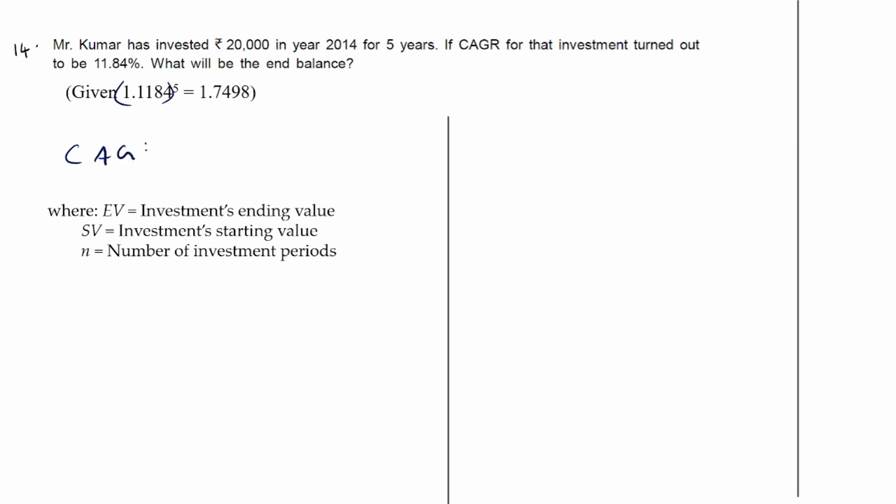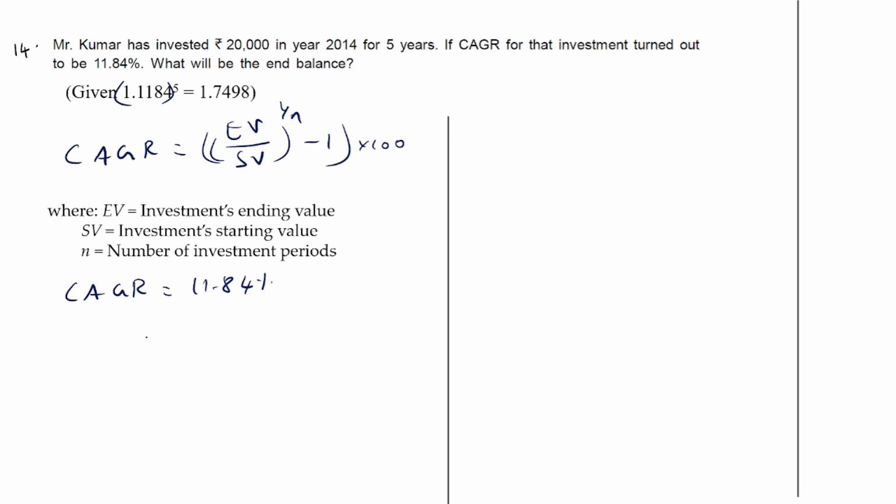We have compound annual growth rate equal to ending value upon starting value, the whole raised to 1 by n minus 1 into 100. Compound annual growth rate is given as 11.84%. Then starting value is rupees 20,000 and n is 5 years.